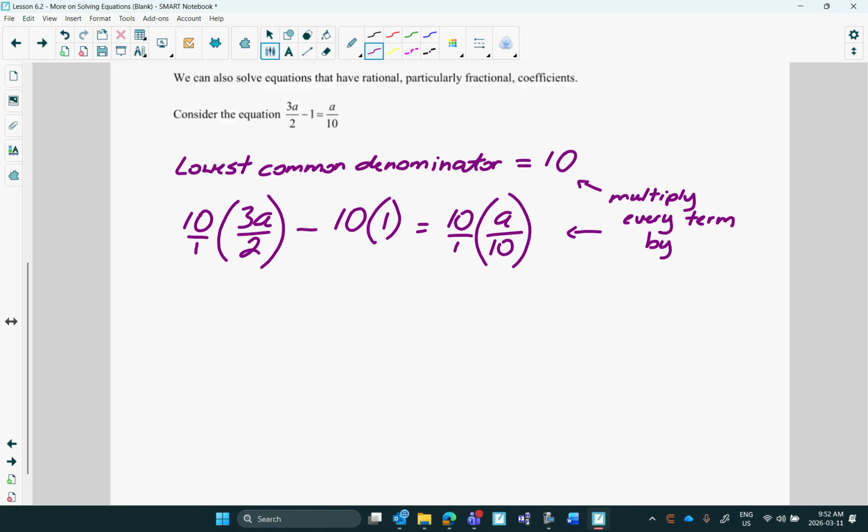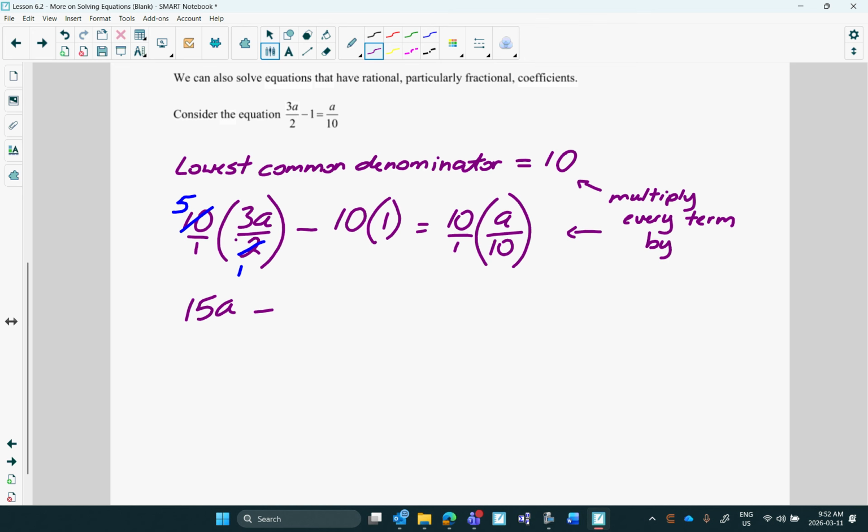What could I reduce? The 10 and 2, 5 and 1. So what do I end up with now? 5 times 3a, which is, what's 5 times 3a? 15a over 1, right? But I don't have to write over 1, do I? So look what happened. Fraction disappeared.